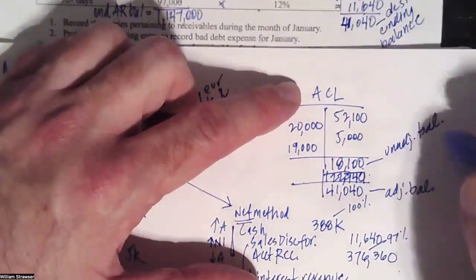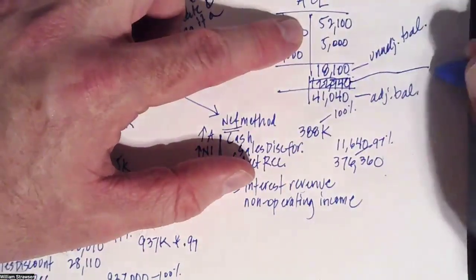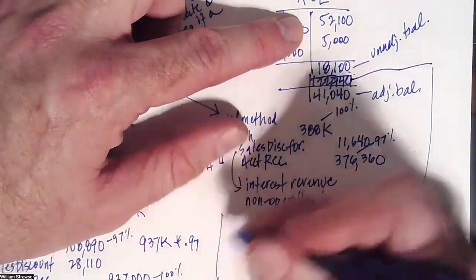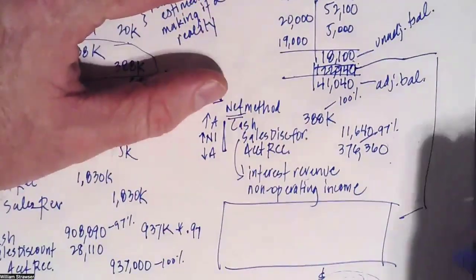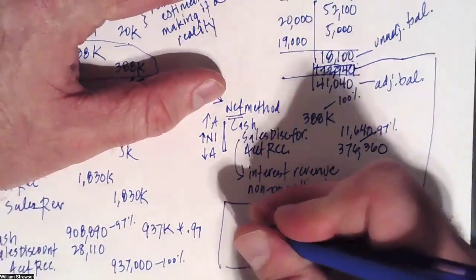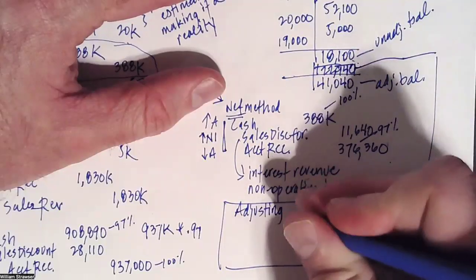But we have to make a journal entry to put it there. So this is my adjusting entry. I'm sorry, this doesn't come chronologically with the rest of the problem, but this would be at January 31st.